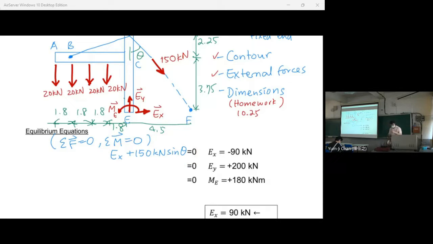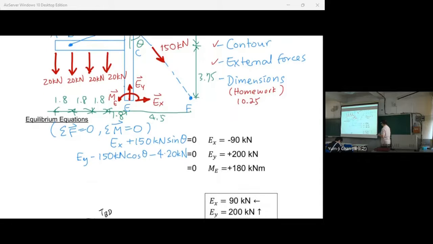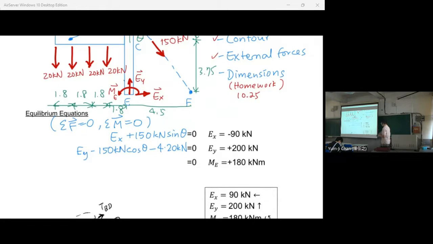And let me write down more equations first, and then Ey minus 100 sine theta. And let me stop it here and take your time to write it down.